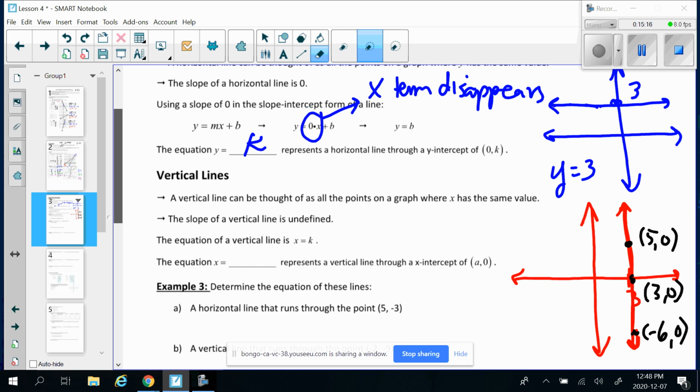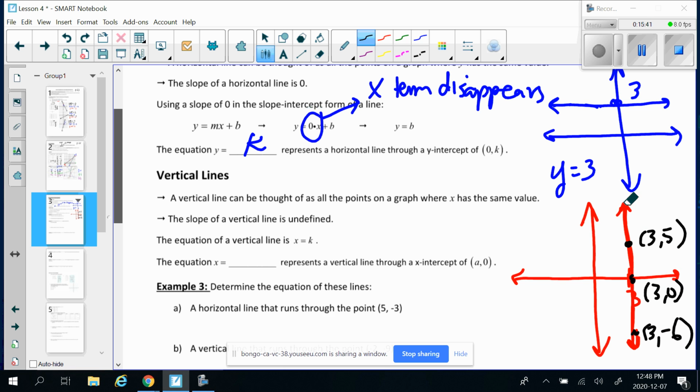Sorry, that's not true. That's not 5, 0. This will be 3, 5. That's not true at all. Sorry, guys. The coordinates of this point are going to be 3, -6. Right. So they all have the same x value. It's just that they're at different heights, so they're going to have different y values.